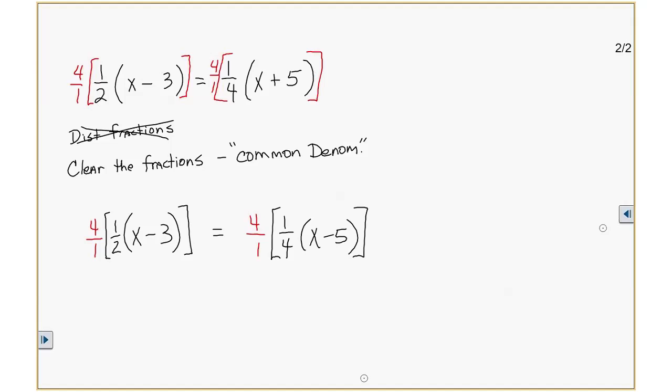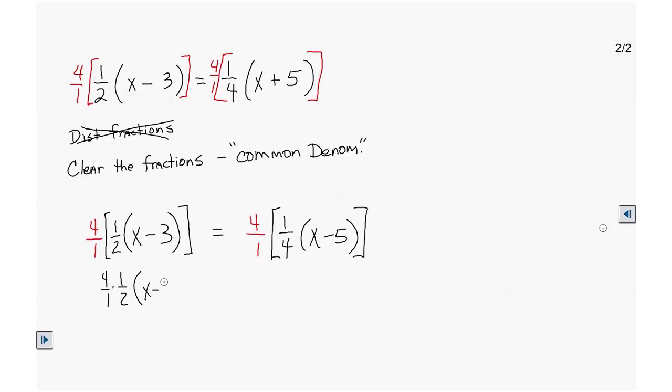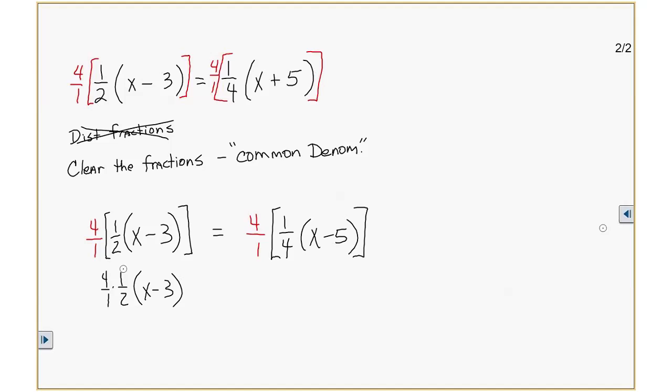So these two guys are going to be multiplied. You put that in brackets because this is a block.